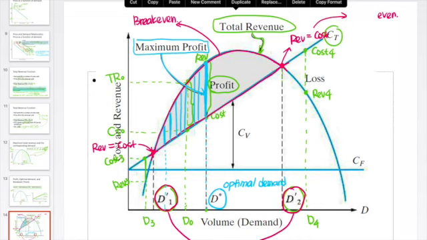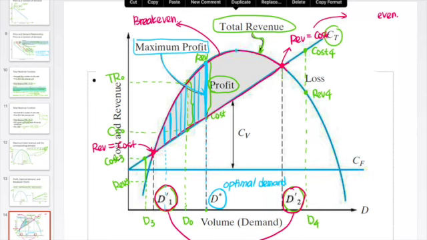That's the first thing. Second, you can have a demand called optimal demand. At this demand, you're going to make your profit maximized.